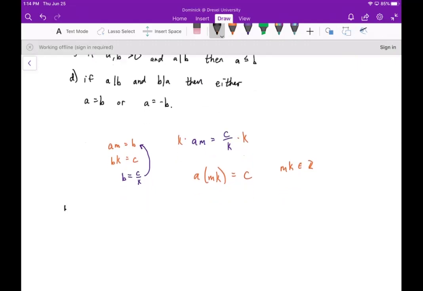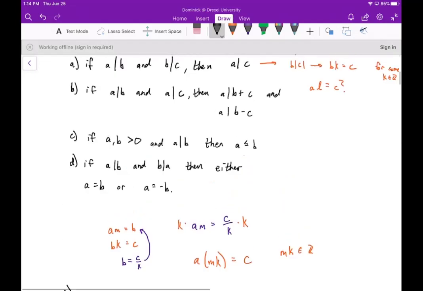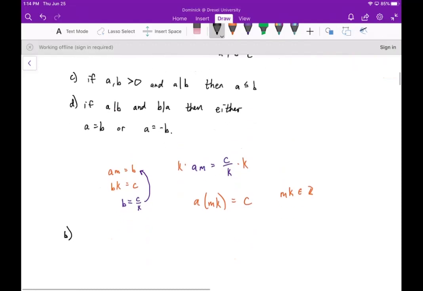Okay, let's look at part B. For part B, we have if a divides b and a also divides c, then a divides the sum b plus c and the difference b minus c. Well, if a divides b, that means that am is equal to b. If a divides c, that means that ak is equal to c.